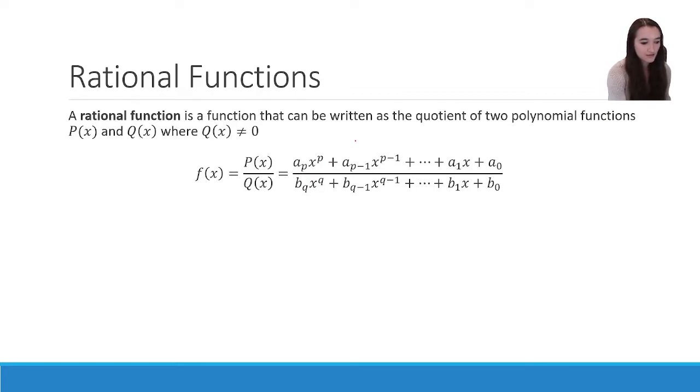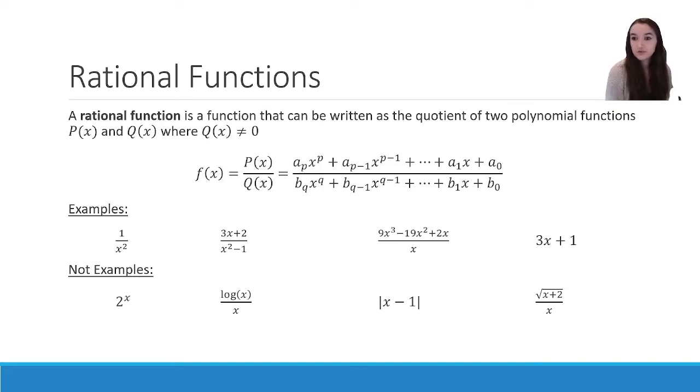So a_p x to the p plus a_(p-1) x to the p minus 1, plus down to a_1 x plus a_0, over b_q x to the q plus b_(q-1) x to the q minus 1, plus all the way down to b_1 x plus b_0. Our typical polynomial definitions here.